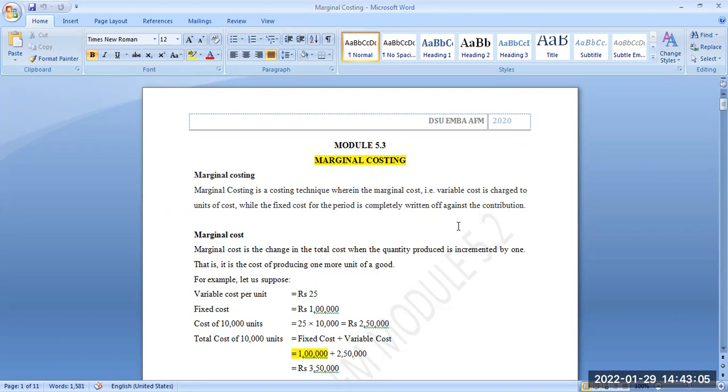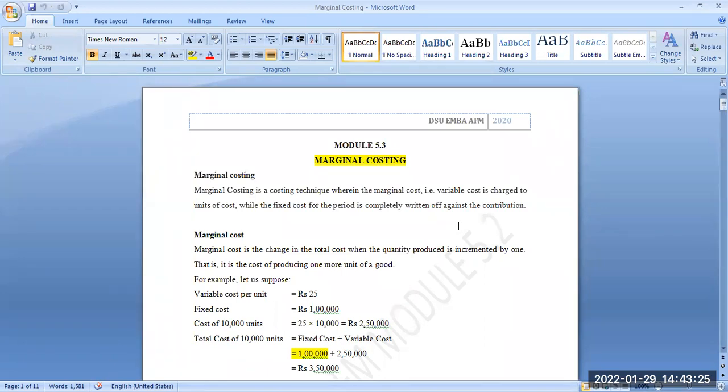Now, what is the total cost? It is 1100 or 1020, whatever it is. The difference between the total cost of production for 100 units and the total cost of production for 101 units, that is called marginal cost.